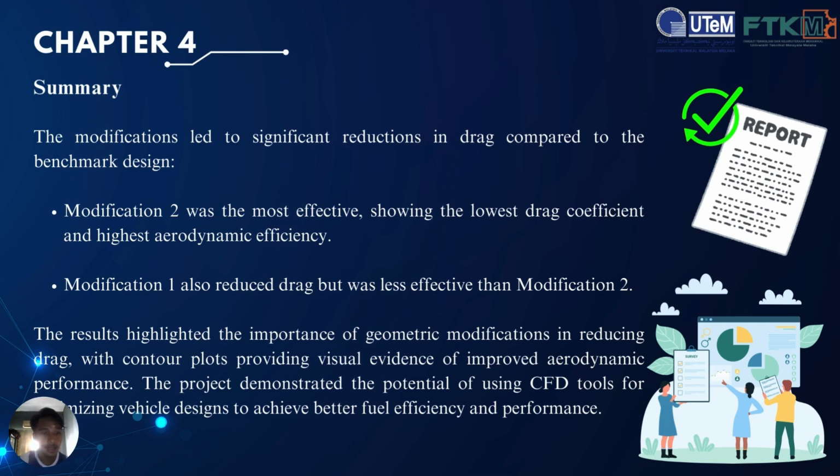The result highlighted the importance of geometric modifications in reducing drag, with plots providing visual evidence of improved aerodynamic performance. The project demonstrates the potential of using CFD tools for optimizing vehicle design to achieve better fuel efficiency and performance.